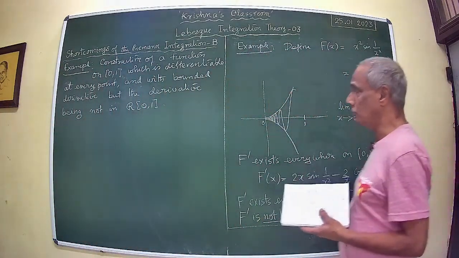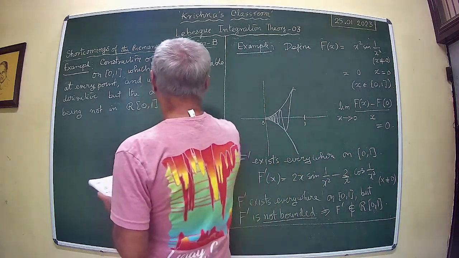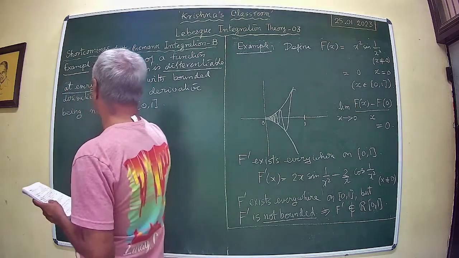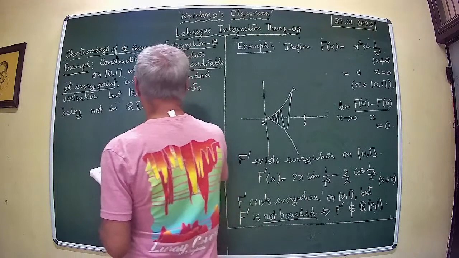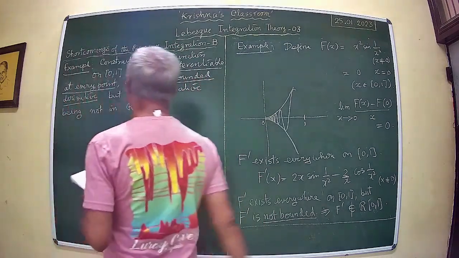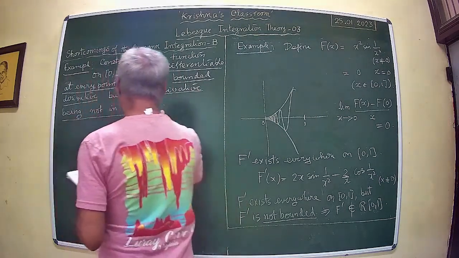So what we want to do is construct a function on the interval [0, 1] which is differentiable at every point, that is, the derivative exists everywhere and it is bounded, but the derivative is not Riemann integrable.